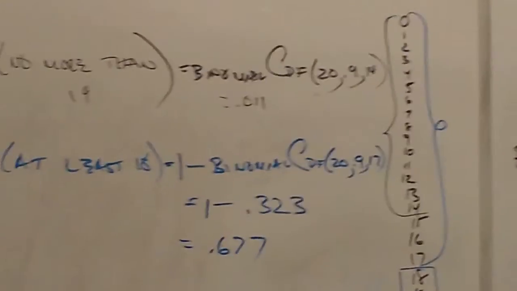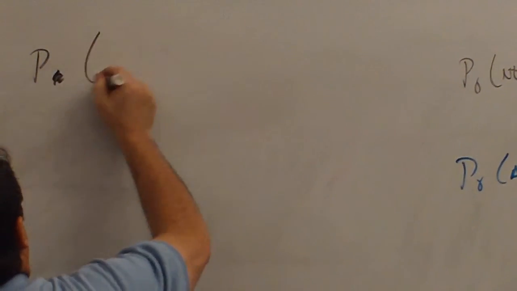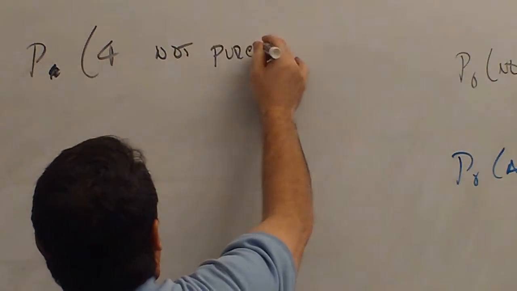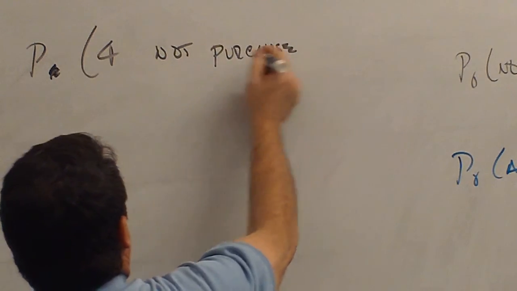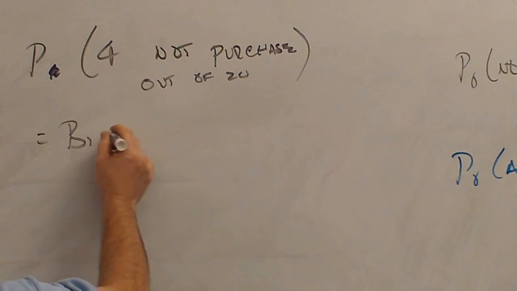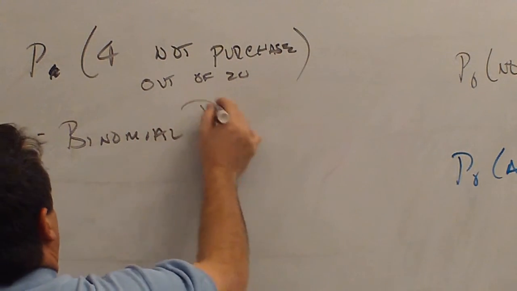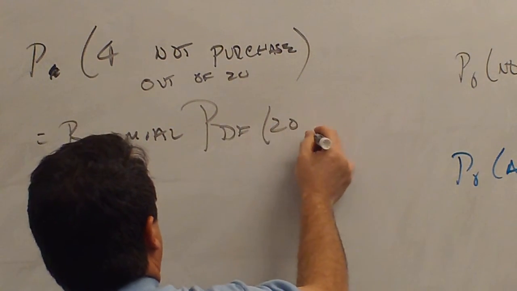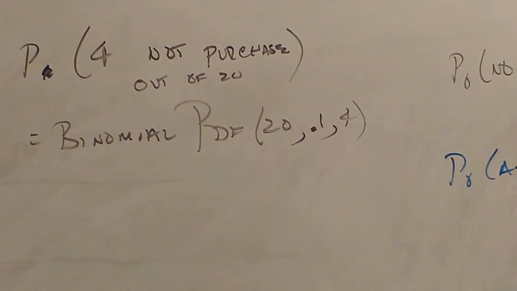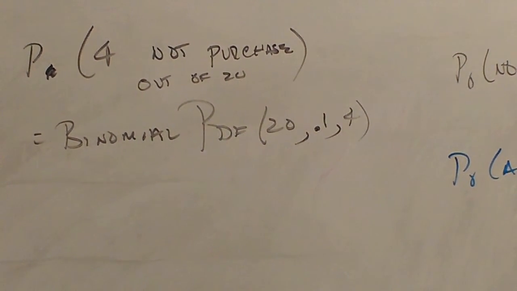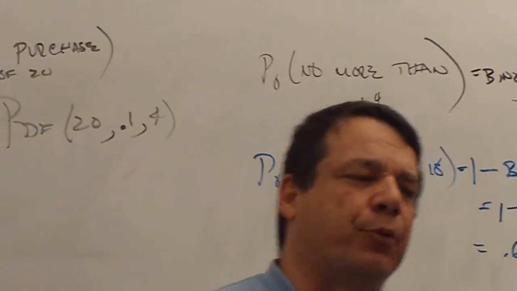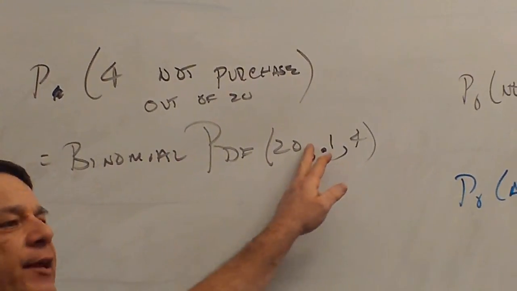So this is the probability for not purchasing. Here we go binomial PDF 20 comma 0.1 comma 4. Because now success is defined as not purchasing a book. We're interested in 4 out of 20 not purchasing a book, so we need the probability that they do not purchase.